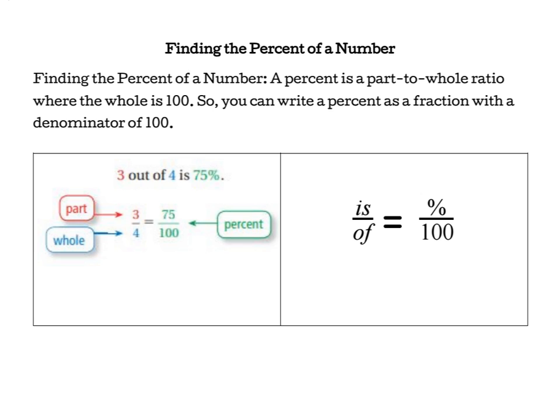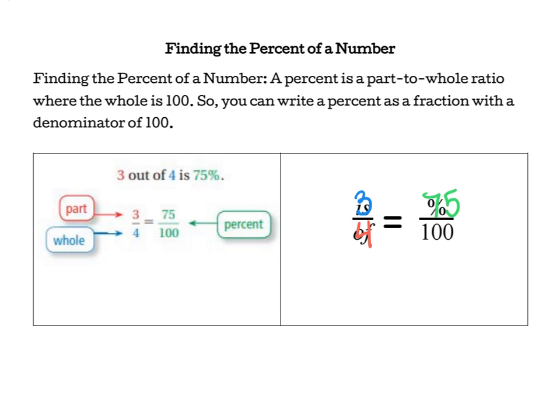I know that 3 was my part, and I know that 4 of 4, that's a really good giveaway, of 4, and then is 75%. Well, the percent sign right there gives it away, and I can set that up nicely.